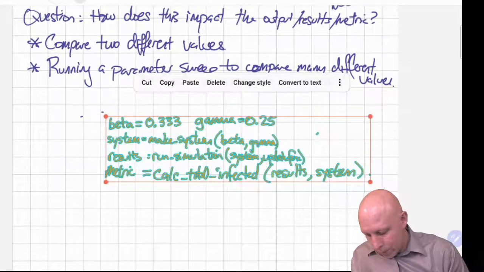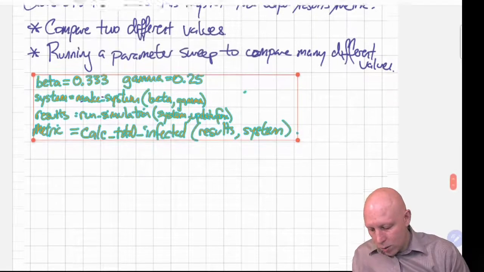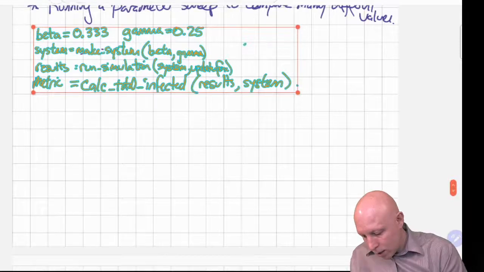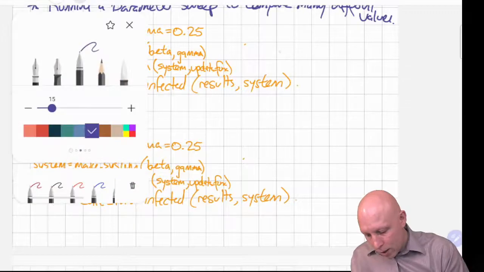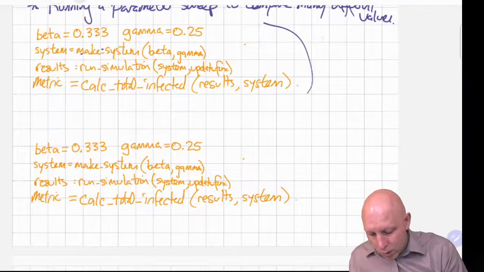Oh, there we go. All right, here's our initial code. This was the code that runs, and I'm going to paste another one down here. So this code up here, this was our code from before.